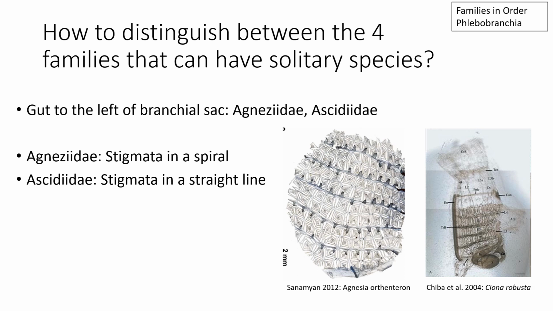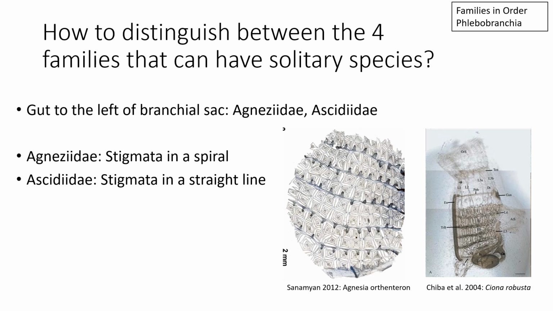In the Agnesidae, these stigmata, the holes in the branchial sac, are going to be in spiral-like configurations, as opposed to in the Ascididae, where the stigmata are going to be in a straight line. The diagram on the left is Agnesia, family Agnesidae, showing those spiral-like stigmata.